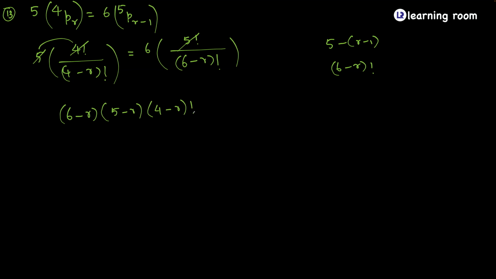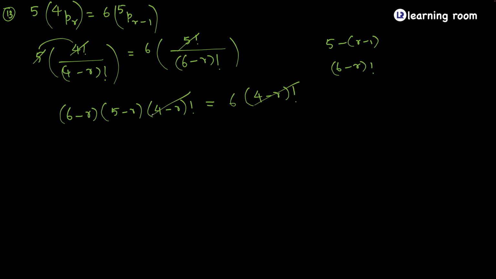Understand what I did? I brought the 6 minus R factorial to the left hand side. It is 6 minus R into, why did I write 5 minus R? Because it is 6 minus R minus 1. So from 6, 1 is gone, it is 5 that is left out. So 5 minus R minus 1, which is going to be 4 minus R, and put a factorial. This should be equal to 6 into this 4 minus R factorial will go to the other side. Cancel this and this.